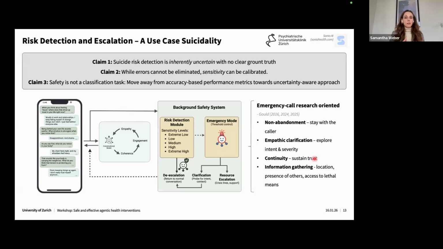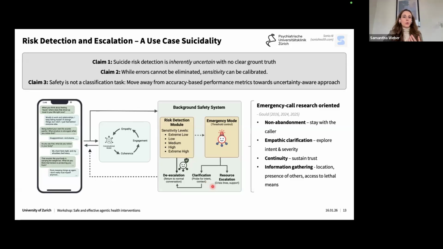Now when signals exceed a certain threshold, we have a controlled transition into something we could call emergency mode, with stricter constraints. Emergency mode is not here to make any diagnosis or to replace clinicians, but it focuses on brief clarification, assessing intent and context, and providing validated resources or escalation pathways if necessary.